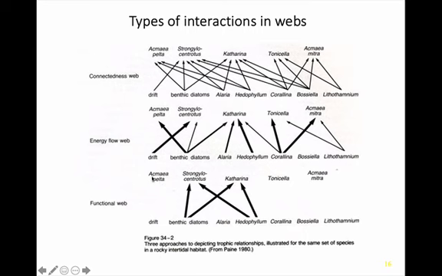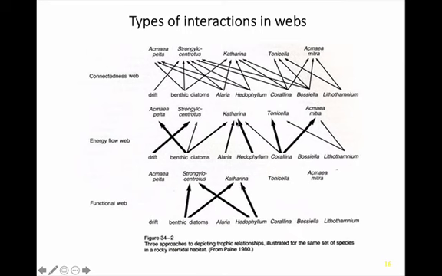If you remove one and you lose 3 or 4, that's what these strong links are explaining. So Acmaea is not important. Tonicella is not important. This Acmaea is unimportant in maintaining the diversity of the community, but Strongylocentrotus and Catharina are. If you remove either one of these, you get extinctions.